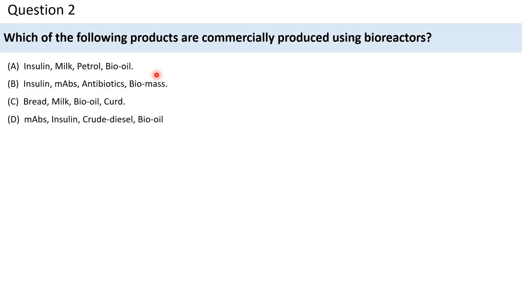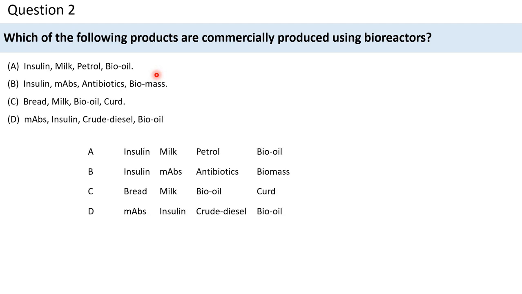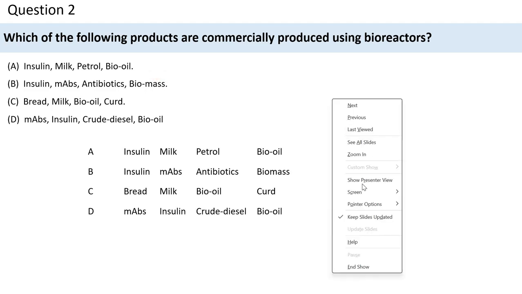So that's why people go for bioreactors, where a controlled environment is given for the cells to produce a product of interest at a very high concentration, rather than producing at the 2 liter or 3 liter flask level. Okay, so we will see the options and try to rule out the ones which are not correct.